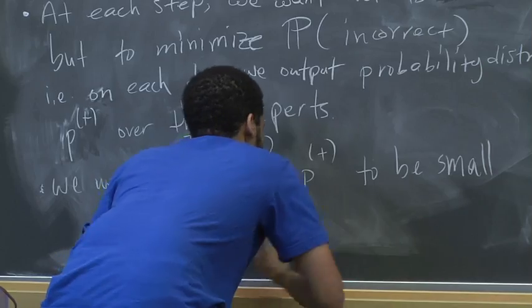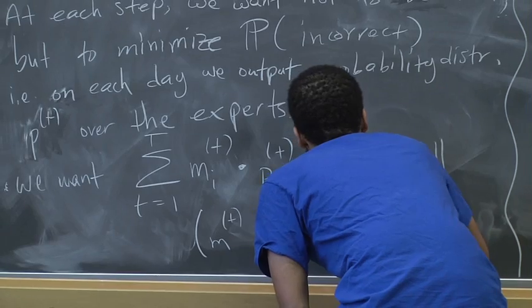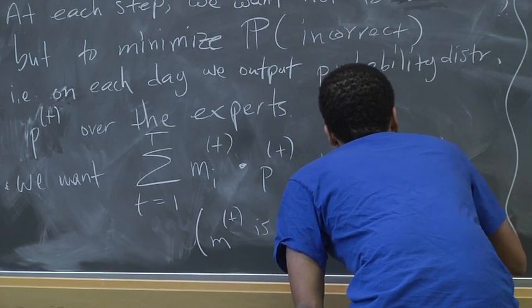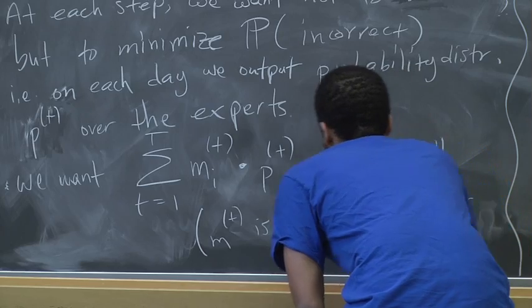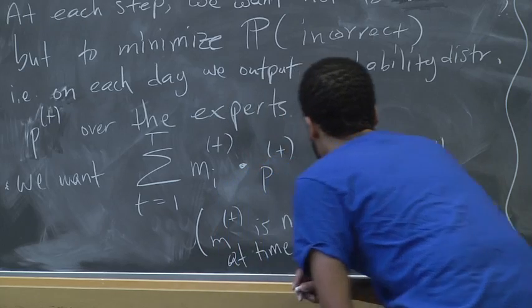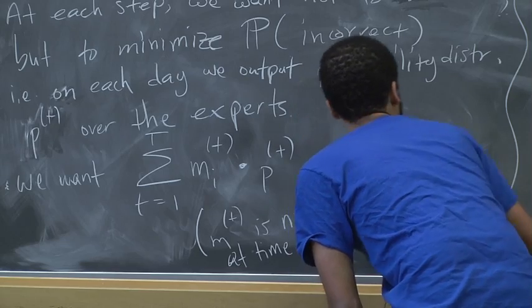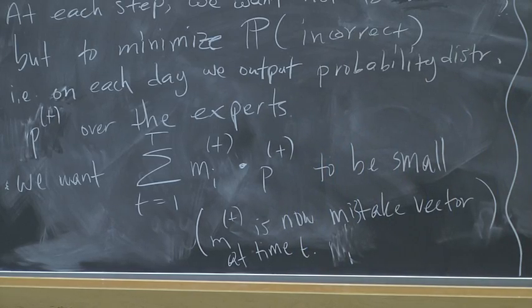So mt is now the mistake vector at time t. So let me write this over here.